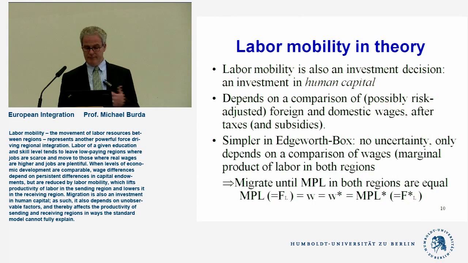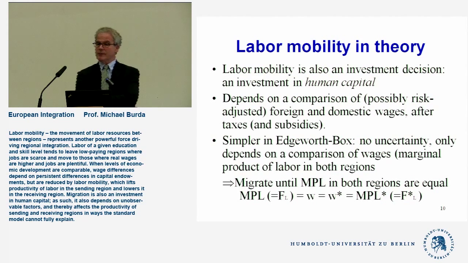And we'll make the same assumption that in the other region, firms pay the marginal product of labor in their region, and that's equal to F star sub L, or the first derivative of the production function abroad with respect to L. Now, those production functions are the same, but they may have different capital stocks, and they may have different capital intensities, and therefore the marginal product of labor can be different, even if they have the same technology. And in this Edgeworth analysis, the only reason wages are different across the regions is capital intensity.